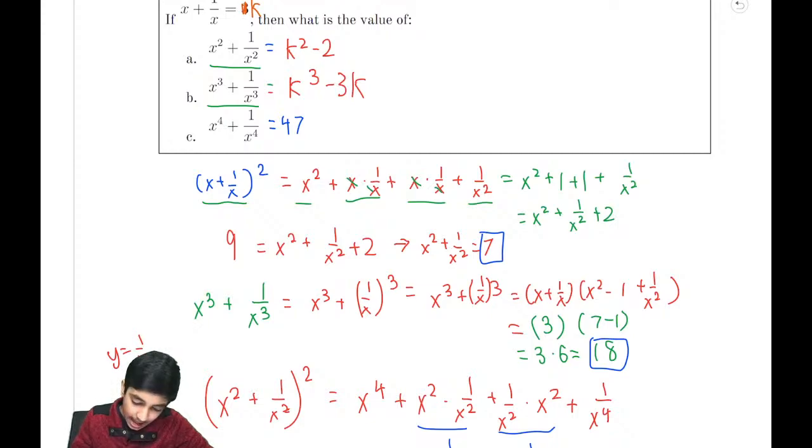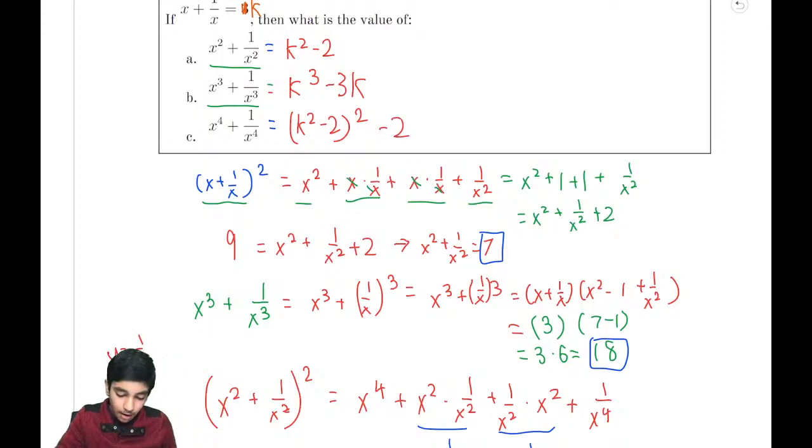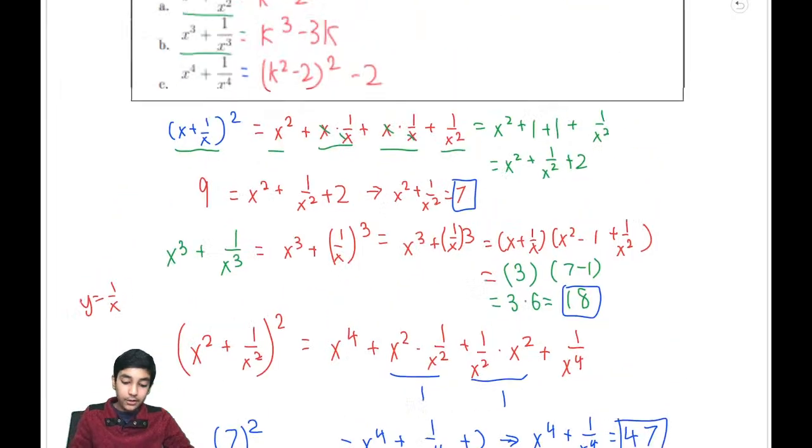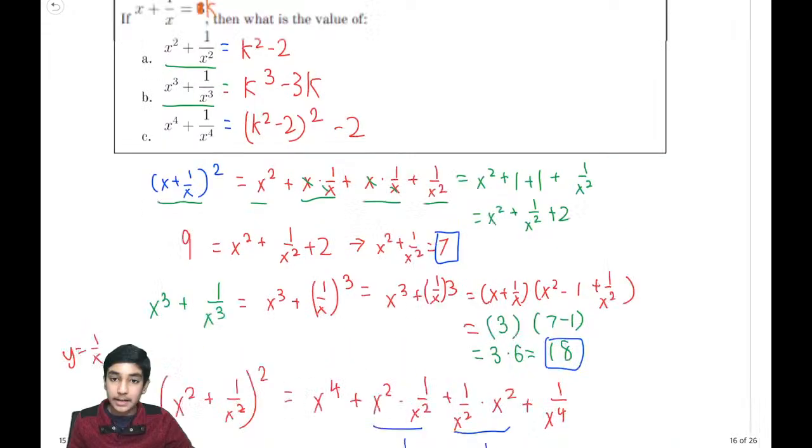And in general, x to the 4th plus 1 over x to the 4th will just be equal to k squared minus 2, squared, minus 2. And you can easily derive them from the same process we took to calculate these. I won't show that here because of time, but this is definitely a very useful thing that you should keep in handy.